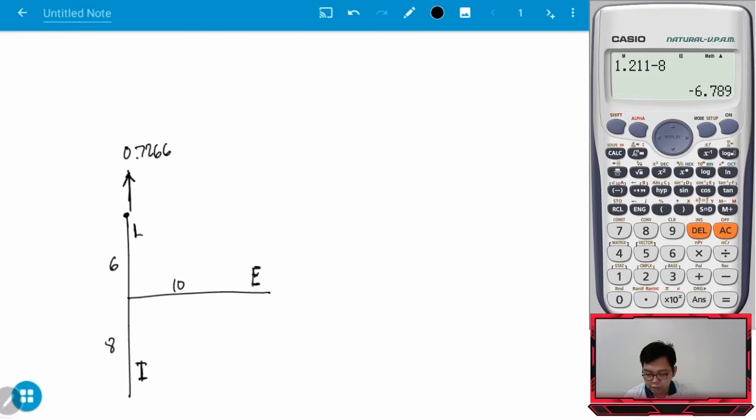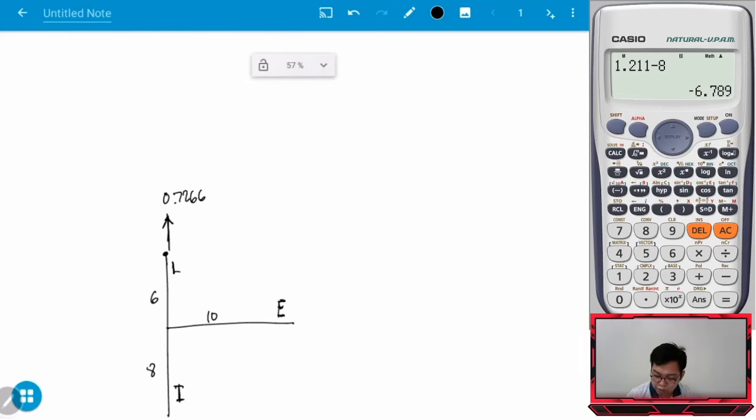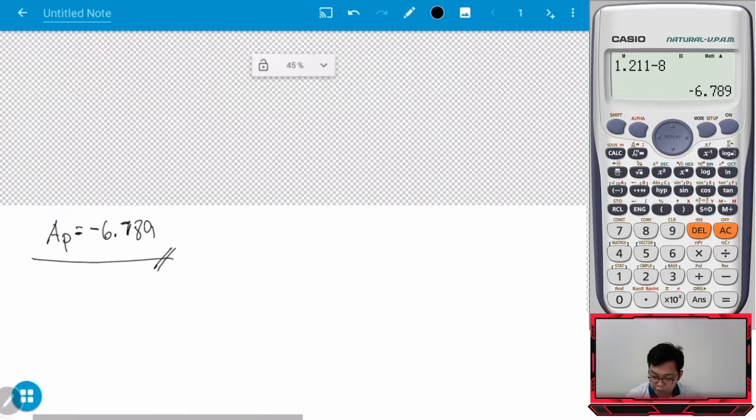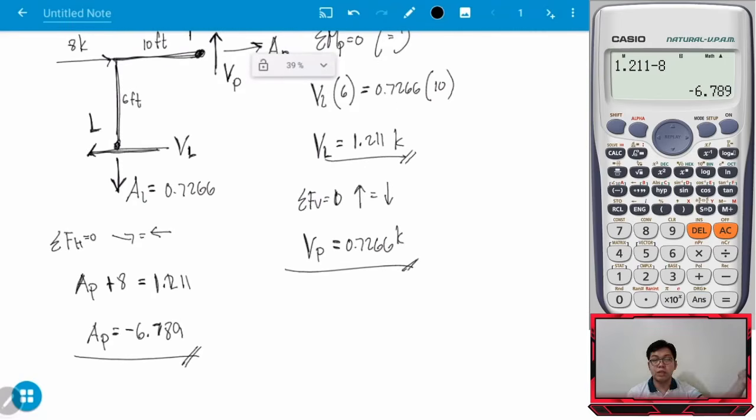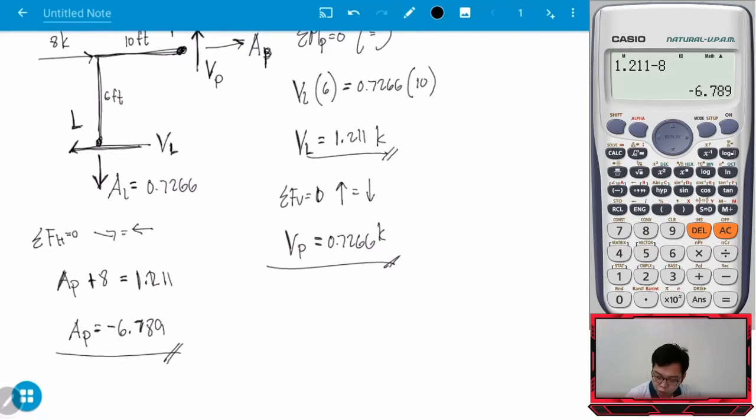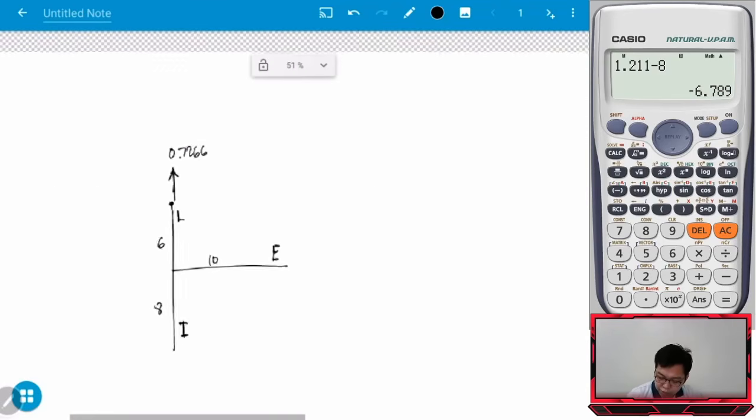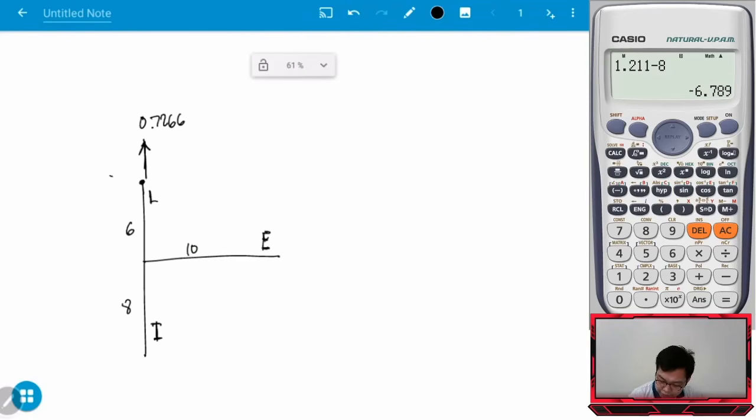Now, yung shear, yung VL ko, ano nga ulit yung VL ko dito? Yung VL ko, guys, is papunta sa left. So, dapat dito sa ibaba, papunta na sa right. Okay, so I hope okay tayo. So, towards the right, no? And then 1.211. Okay? So, papunta sa right. So, pataas and then to the right.